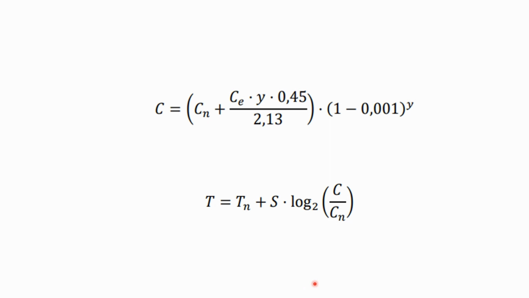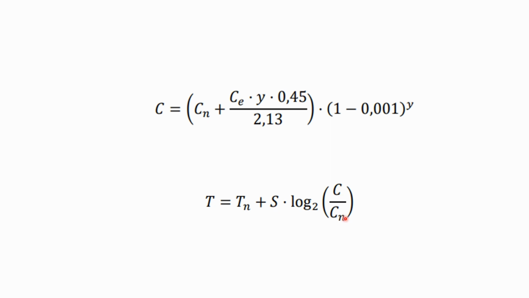The next formula here is also from the very simple climate model, and it shows how temperature will change. Here we have the temperature at time n, and we want to know the temperature at time t. And this value S is the temperature sensitivity.